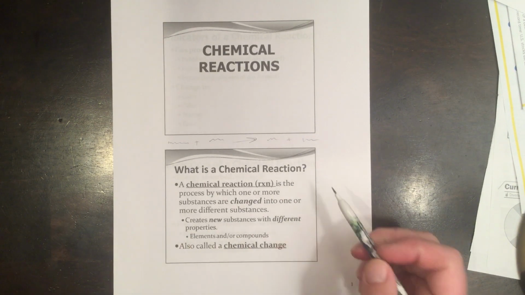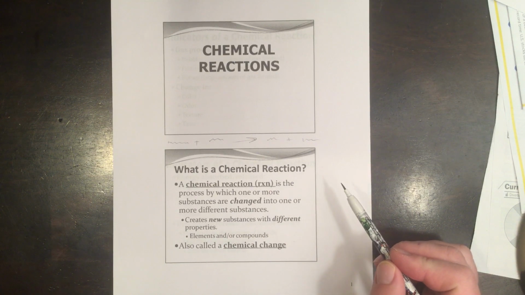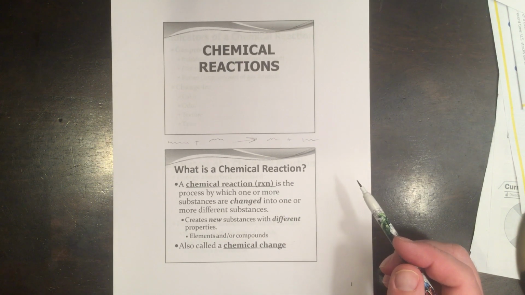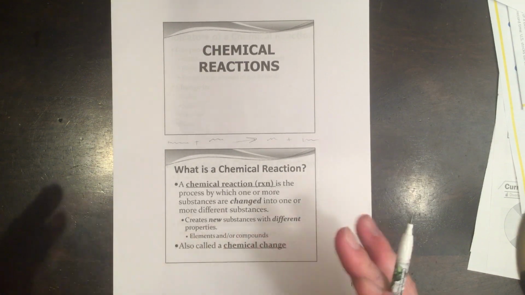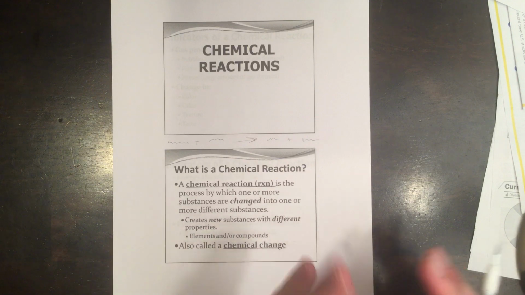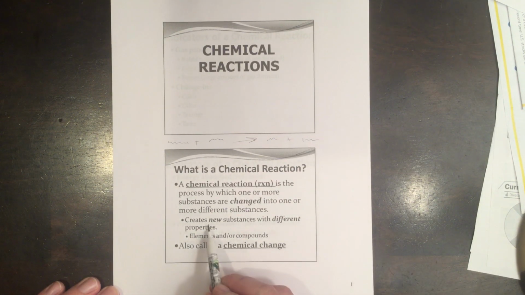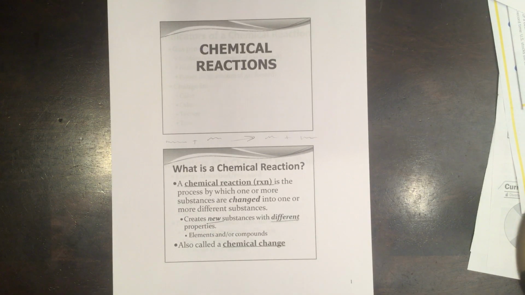So anyway, chemical reaction. It's a process by which one or more substances are changed into different substances. So really what we have is the original substances, they react however they do, and then they actually form new substances with new properties, and that's very important, that the new substance have different properties than the first, right?